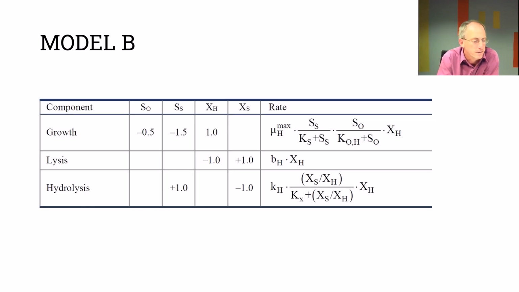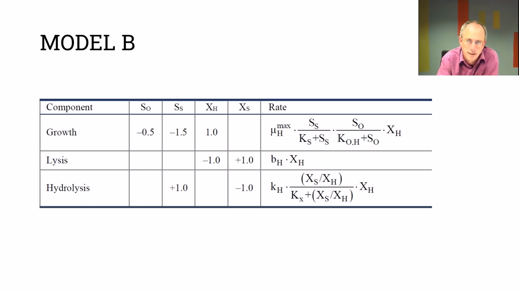So we can include that, which means we have an extra process and an extra substrate. And in Activated Sludge Model number 1, the slowly biodegradable substrate has been taken as a particulate substrate. This is not necessarily true, but it's taken as such.